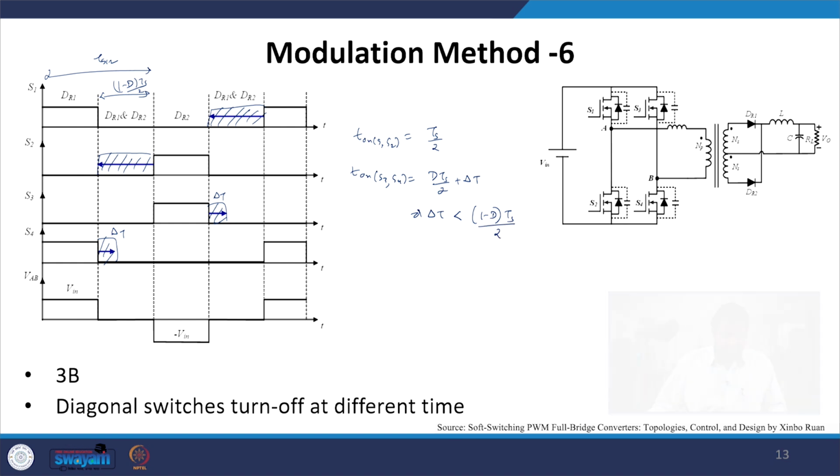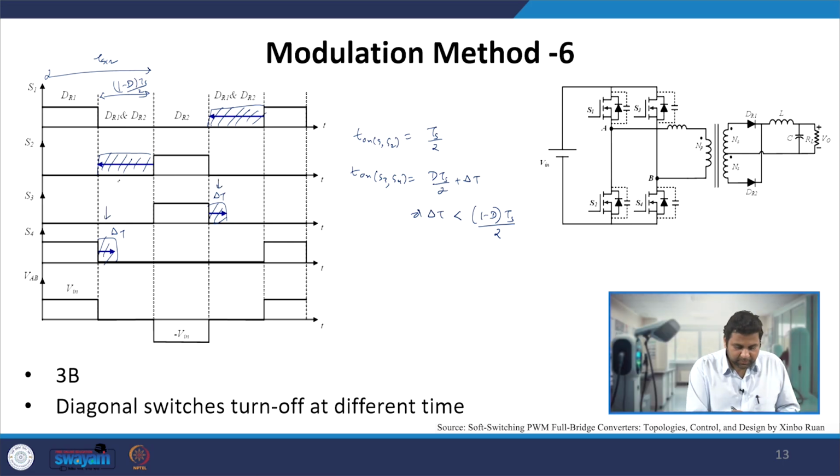So in this adjustment period, during which we are adjusting the turn on period of the lagging and leading leg, at this point what happens is that my S1 is off, my S3 is off, these two are off, and you are now turning on S2 and S4, both S2 and S4 are on.